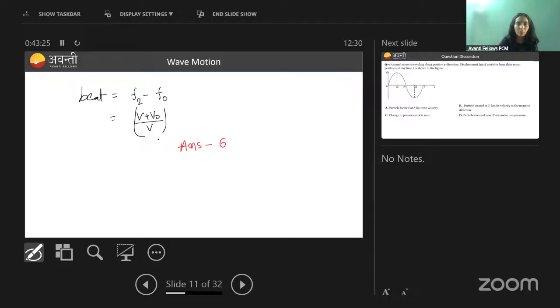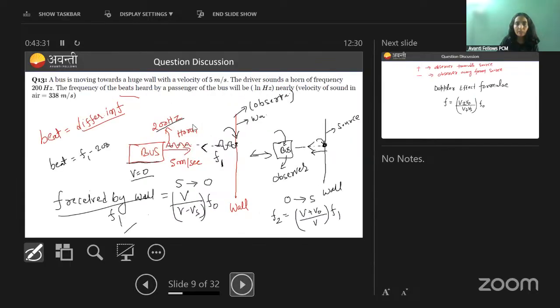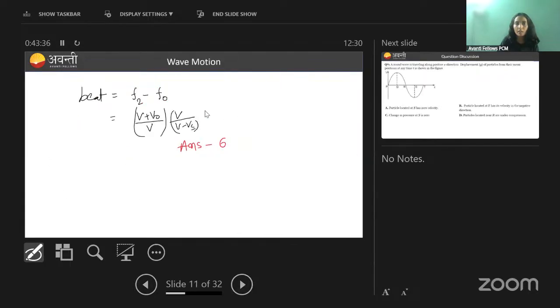So this is equal to V by V minus Vs into F naught minus F naught. So this will get cancelled, and this is V plus V naught divided by V minus V source, into F naught, minus F naught.